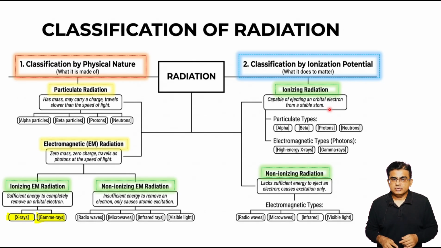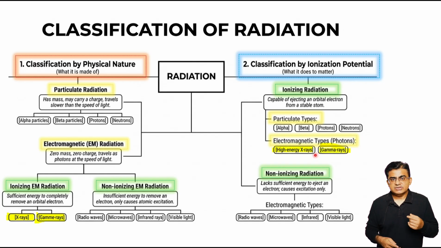Ionizing radiation are of two types. Particulate types, which include alpha, beta, protons and neutrons, and electromagnetic types, also called photons, which include high energy X-rays and gamma rays. As I told you, a linear accelerator produces high energy X-rays.